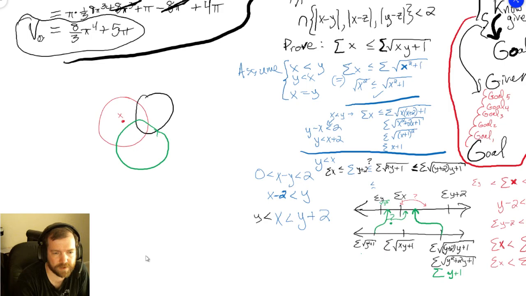This could be X. This could be Y. Right, this is less than 2, this is less than 2, this is less than 2.